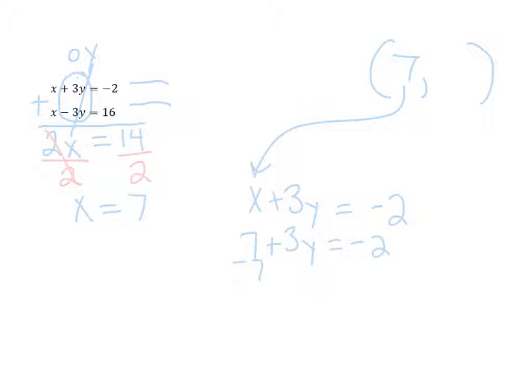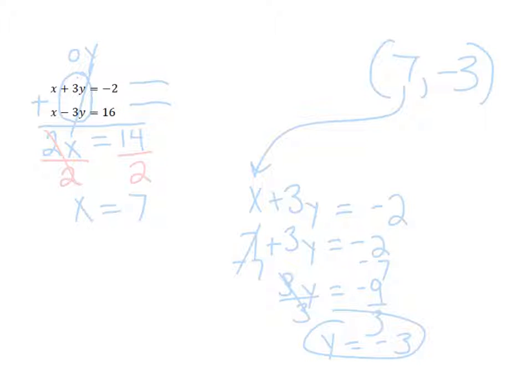Subtract 7. I get 3y equals negative 9. Divide by 3, and I get y equals negative 3. If I take that and plug it back in, it will give me the correct answer. So again, you need to check those to make sure they are correct.